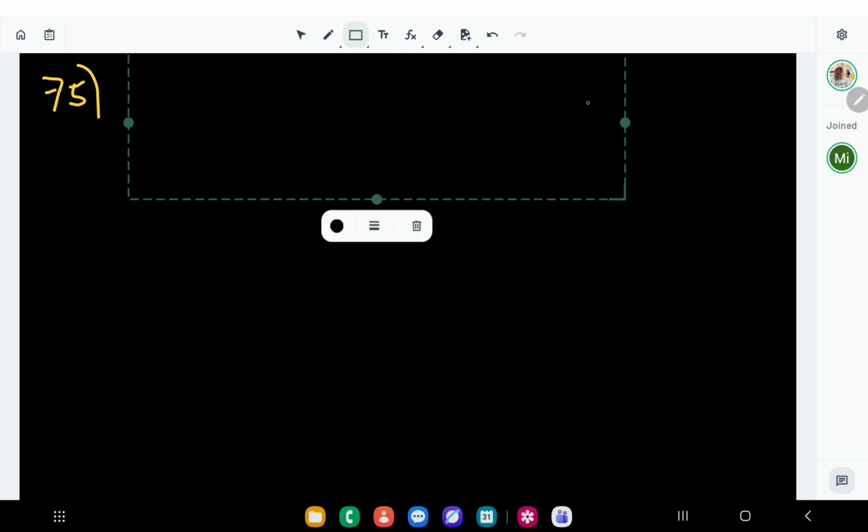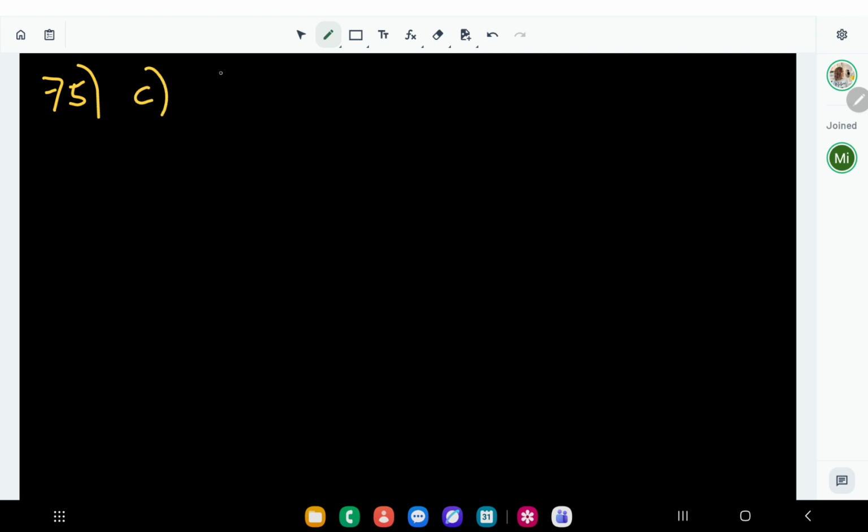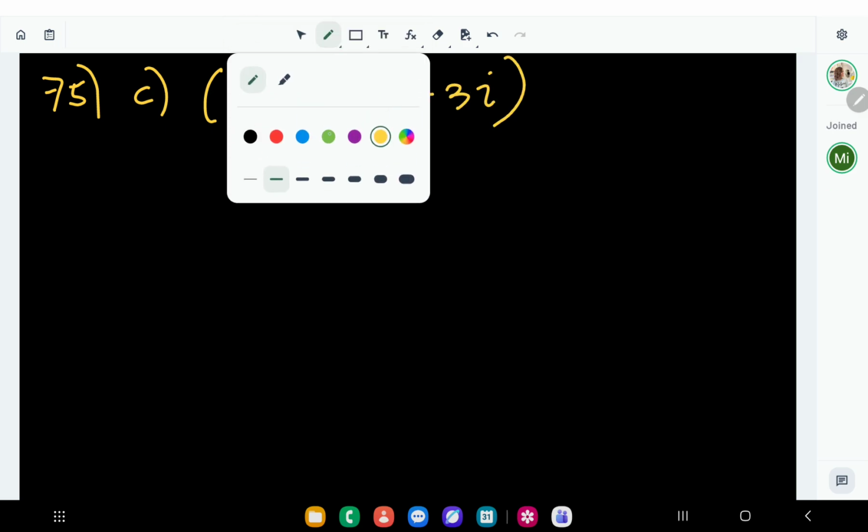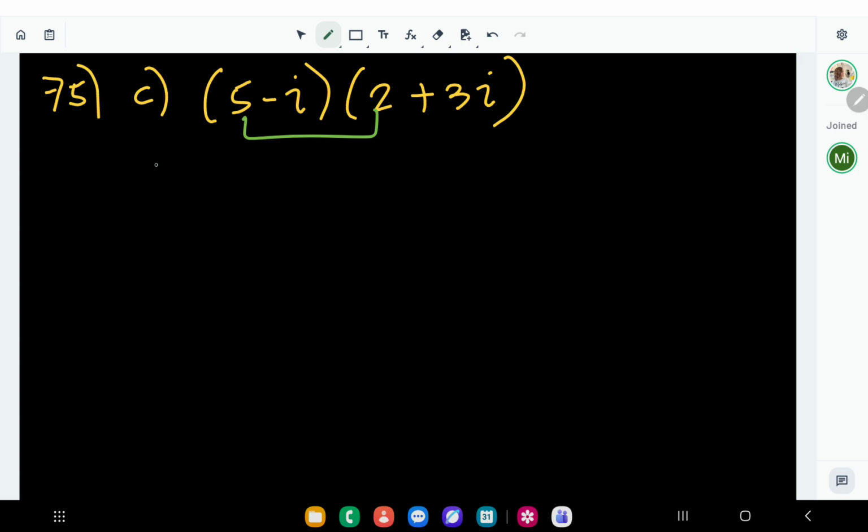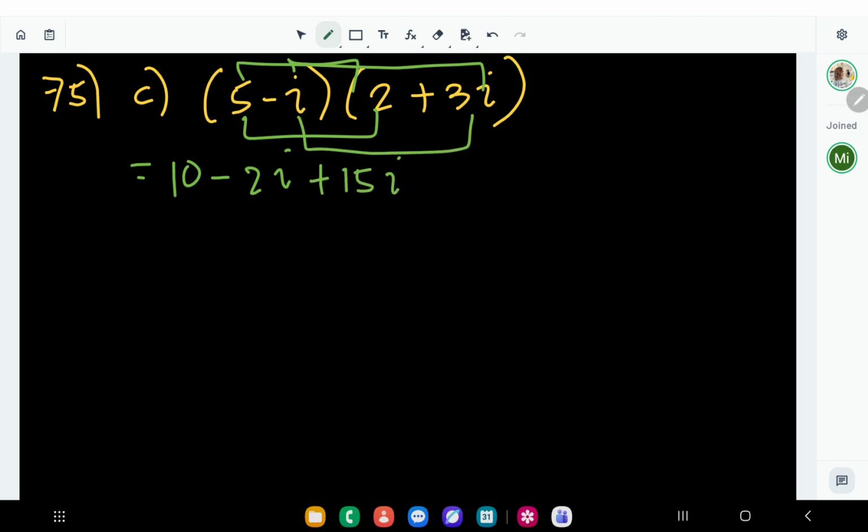Then we go to letter C. These are easy, right? You just have to be careful with the signs and your multiplication. So we FOIL this. This one is 10, then minus 2i, then this one plus 15i, then this one minus 3i squared.